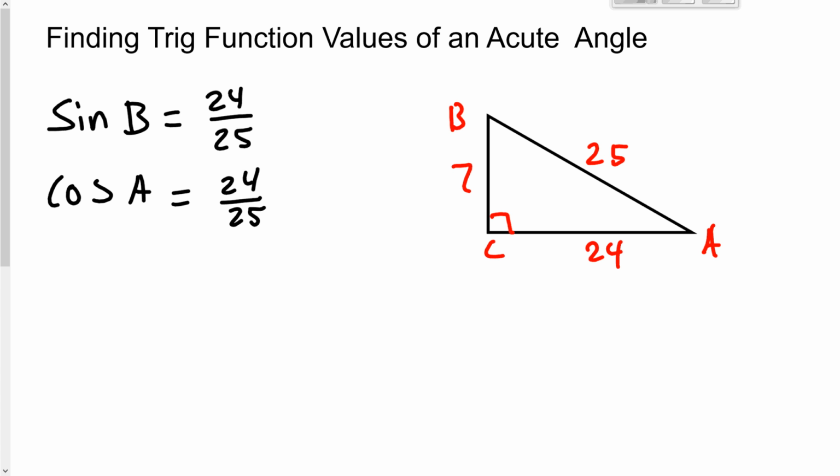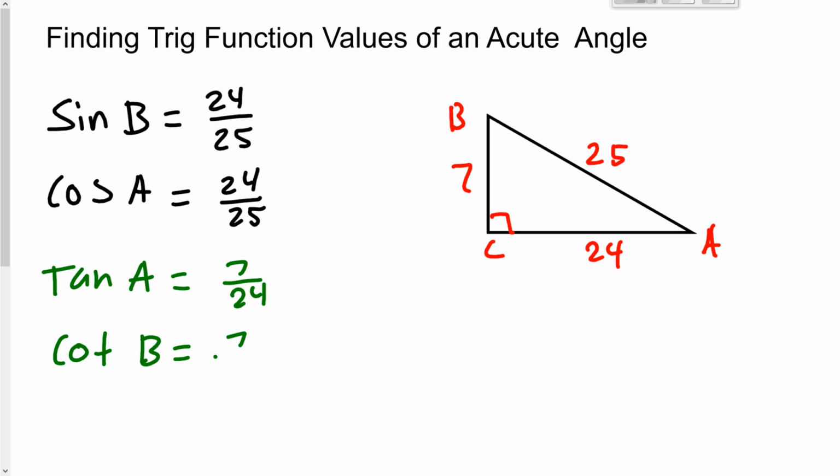And it also turns out that when you look at tangent of A, which is opposite of A over adjacent, it is the same thing as cotangent of B, which is adjacent of B over opposite. And you can do this with all of them. So these are called cofunctions.